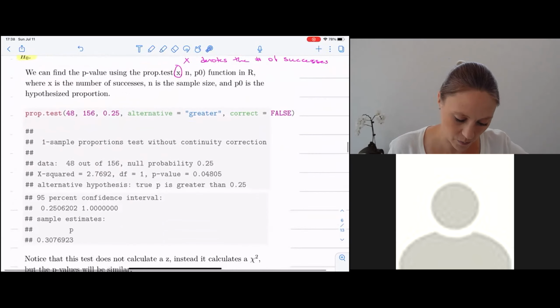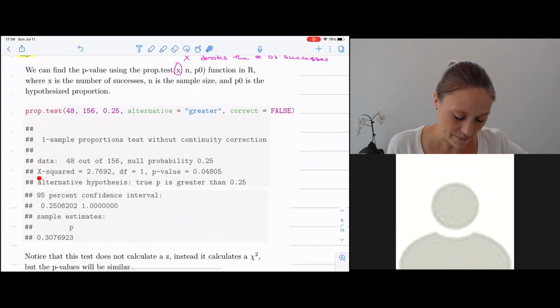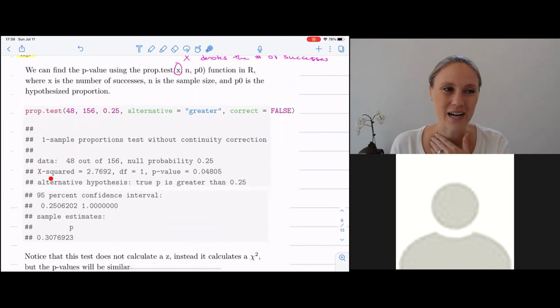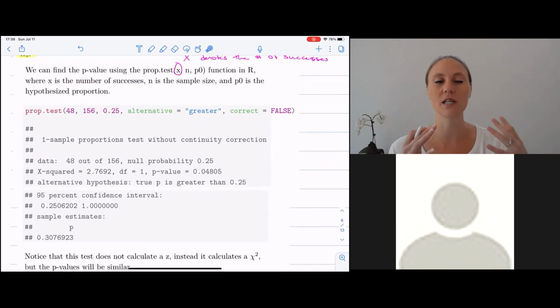One thing I want to point out here is it's going to calculate a chi-squared, which we're not covering. Chi-squared is another type of test statistic, but it's not something that we're covering in this course. It would be in a follow-up course. So there are other test statistics beyond Z scores and T scores.